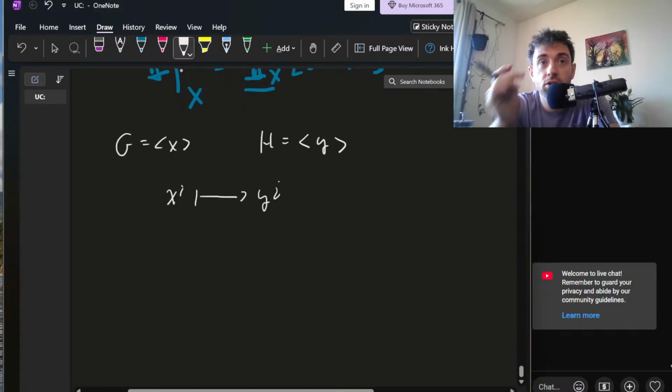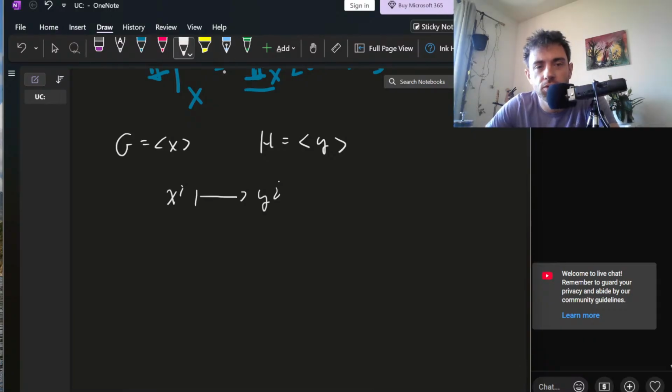So, first off, notice that the orders must be preserved, right? That's a condition for group homomorphism. So whatever the order of this element is, it had better be the same as the order of this element.